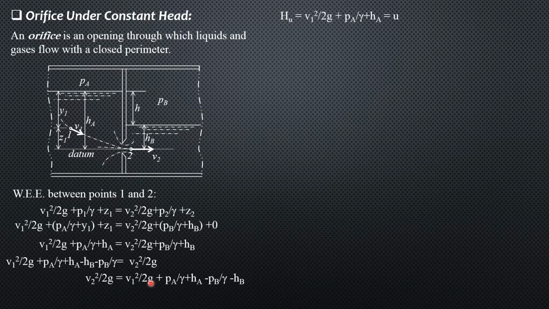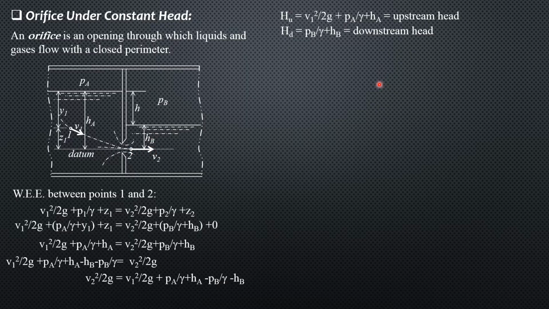So the upstream head consists of velocity head at 1, pressure head at A, and elevation head at A. That's the upstream head, or simply the energy above this datum: pressure head at A plus H_A plus velocity head at 1. While the downstream head consists of pressure head at B plus H_B.